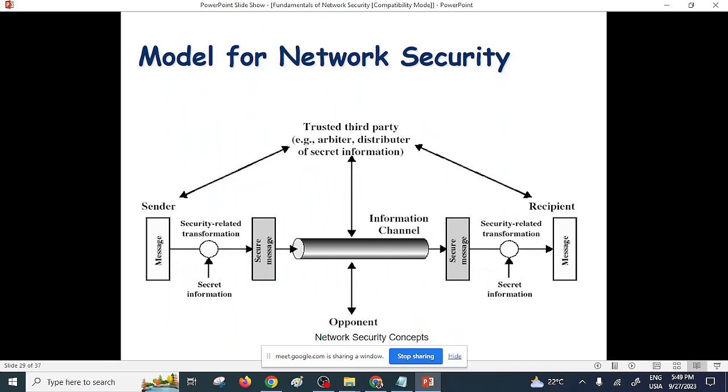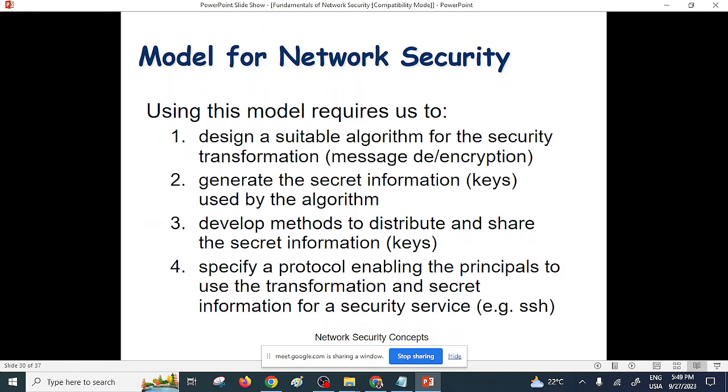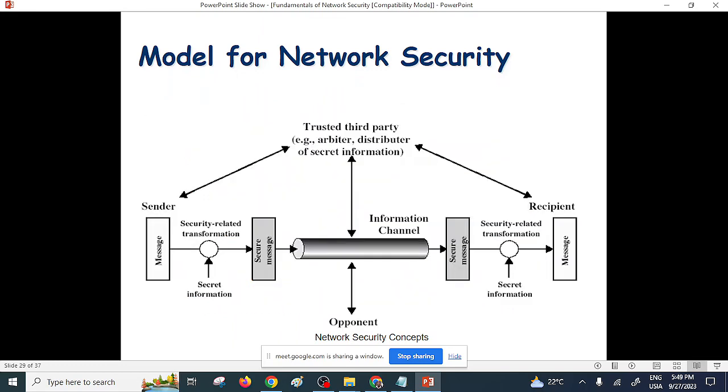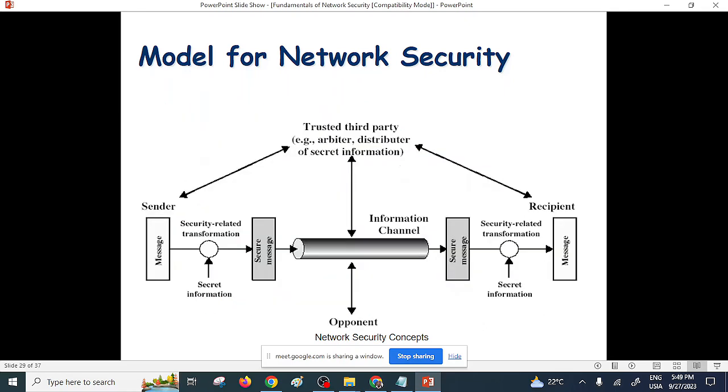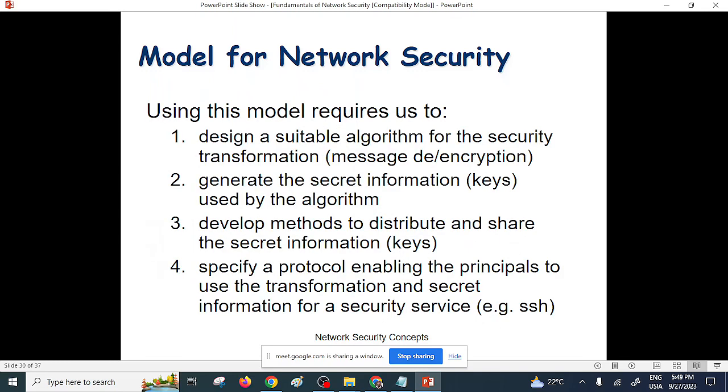So we can have the trusted party reinforcing the security. What this particular model, as a network security student, will help you achieve is to be able to design a suitable algorithm, maybe have nice crypto keys to be used, ideally to design a virtual private network that can pass very sensitive information.